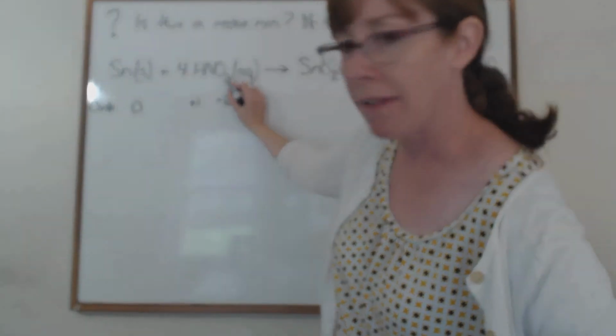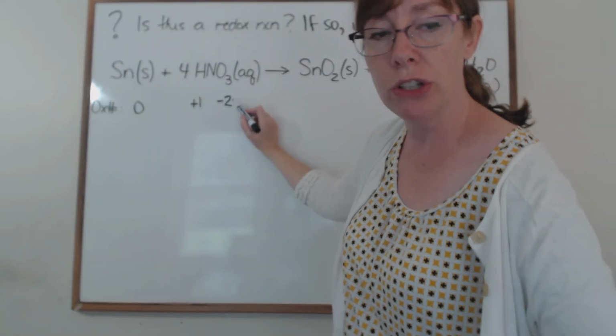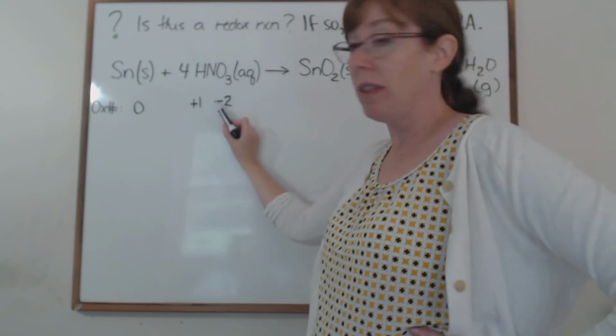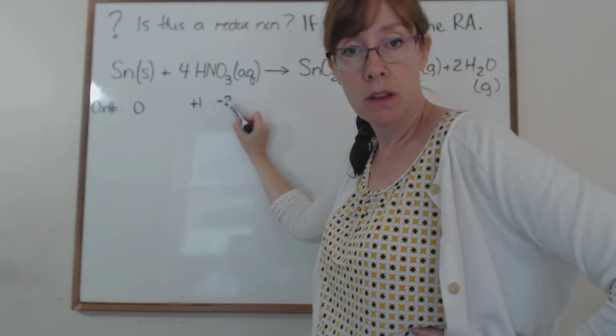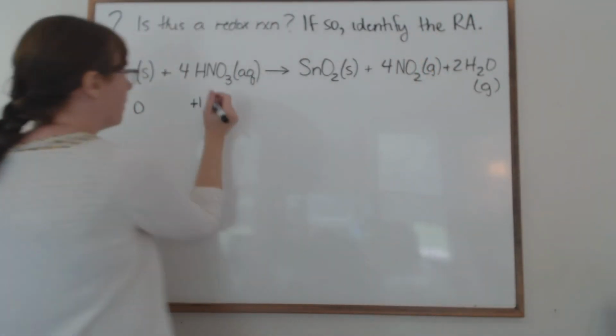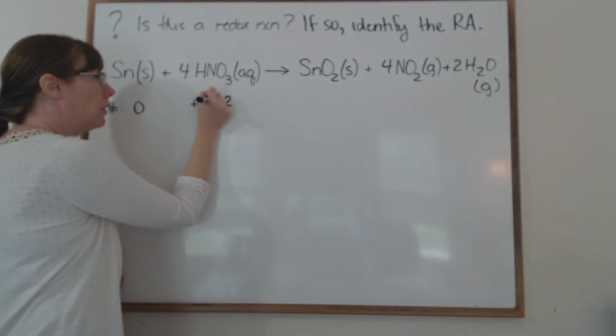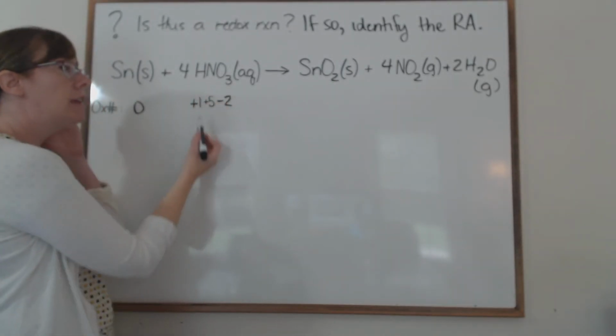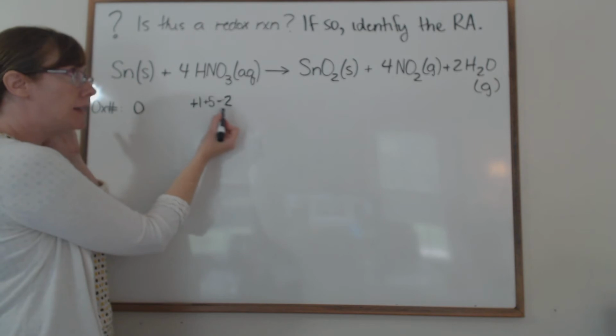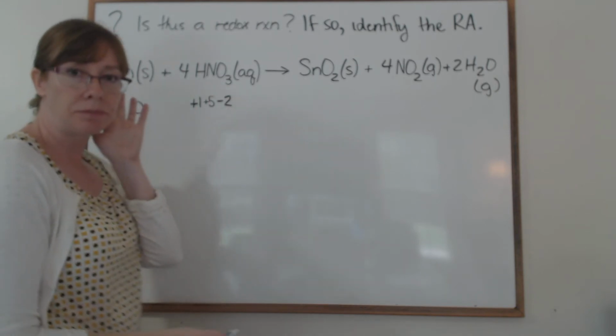What does nitrogen have to be in order to make sure they all add up to 0? Well, I'm seeing +5. +5 for the nitrogen, because then you've got 6 pluses and 6 negatives.